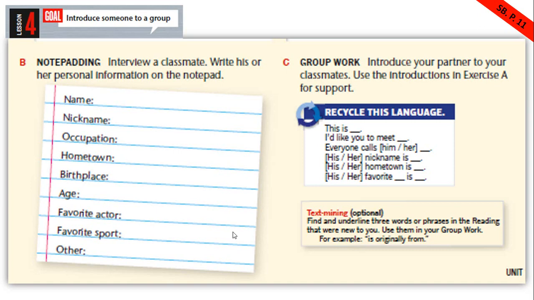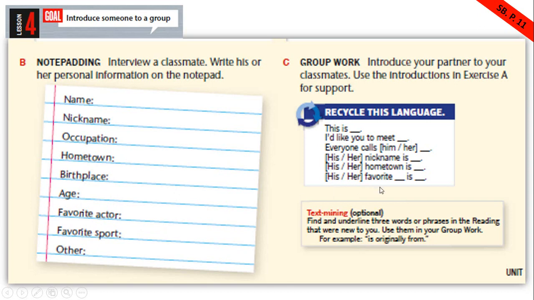Here we have something called note padding, where we are taking certain information. This is a good practice for you and for your partner in order to practice asking and answering questions. Here we have a notepad, and I need to fill it with information related to my friend's name, his nickname or her nickname, his occupation, his hometown, her birthplace, for example, if I'm talking about a girl, her age, her favorite actor, her favorite sport, whatever.